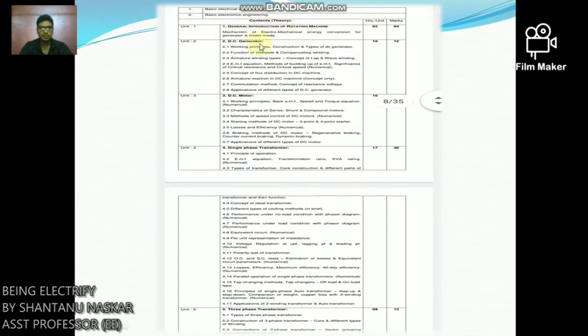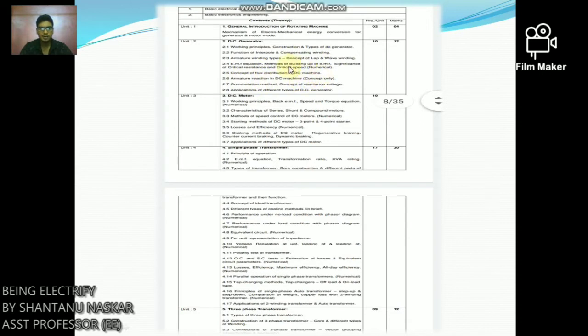Unit 2 is for DC generator: working principle, construction, types of DC generator, function of interpole, compensating winding. This all I have covered in my previous lecture. Now today I will go through armature winding types, lap and wave winding, and armature reaction.